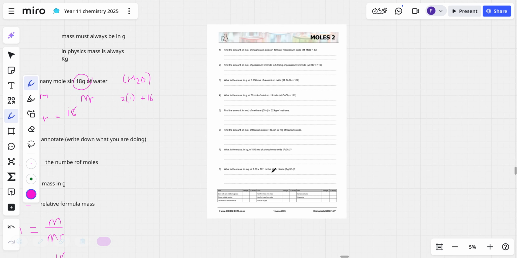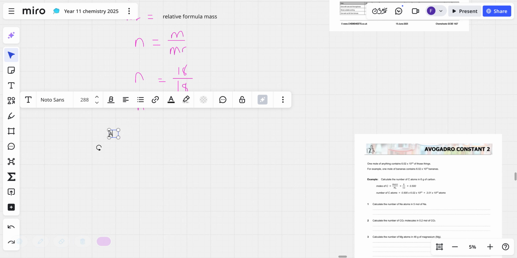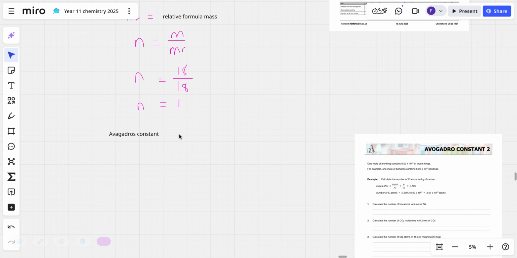Now, that's the first thing you're going to do. The second thing, I'm going to introduce you to a really cool number. It's called Avogadro's constant. And again, some of you may have already done this, and for some of you it might be the first time you're doing this. Avogadro was about 500 years ago or something.